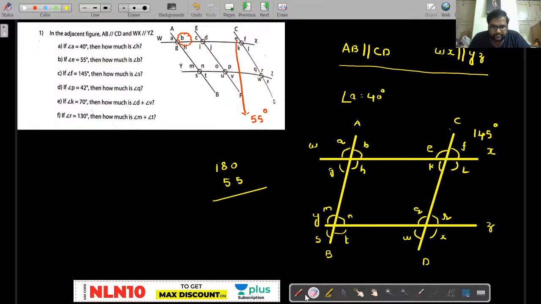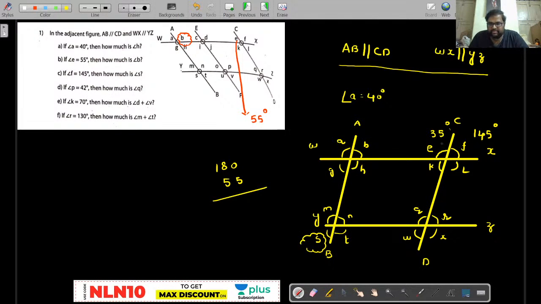Calculate this, which will be 35. Am I right or wrong? Yes. Now, what is the question asked? How much will be angle B? It seems. No, if angle F is 145, the question asked is angle S it seems. Now how much is angle S? Any answer for this? Angle S, how will you calculate this?